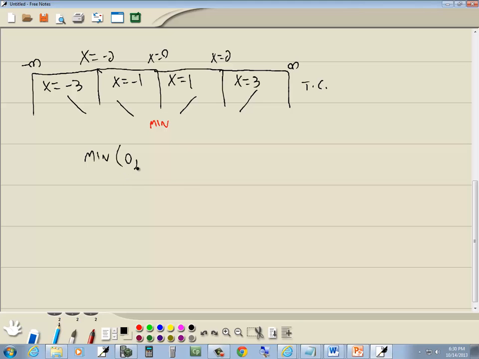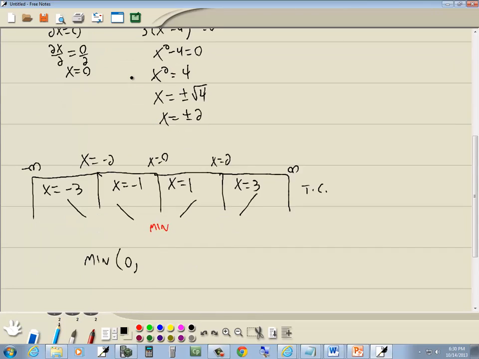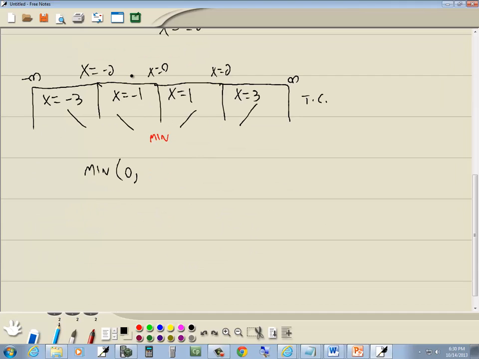Now we want to plug that back into our original function, so plug it back in up here. The cube root of x squared minus 4. Okay, so I've got x equals 0, and y is equal to the cube root of x squared minus 4.